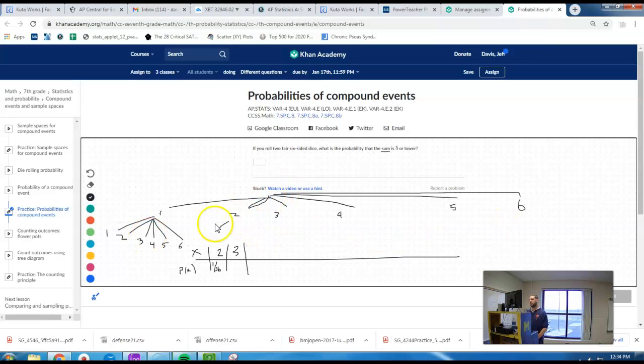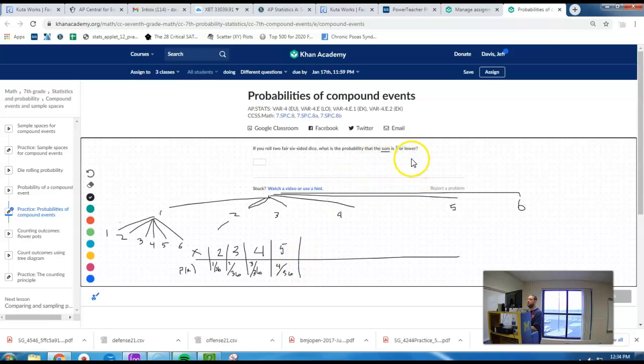So I'm not drawing out all these, but imagine there's 6 different things below all of them. So there's 2 different ways to get a 3. So this becomes 2 out of 36. If I want a total of 4, I could get a 1 and then a 3, a 2 and then a 2, or a 3 and then a 1. So this becomes 3 out of 36. This one is 4 out of 36.